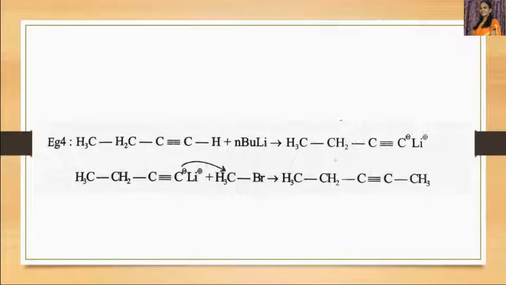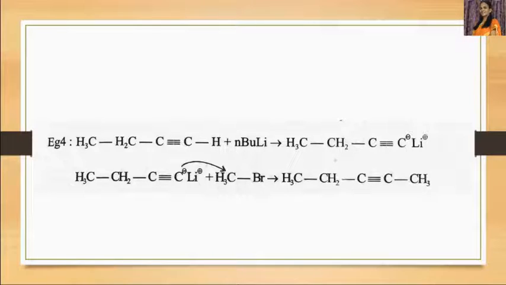You see 1, 2, 3, 4 and 5. A 5-carbon alkyne is produced. That is pentyne, and in this pentyne, in between carbons 2 and 3 a triple bond is present, therefore 2-pentyne is obtained in this reaction. Started with butyne and produced by the reaction with n-butyl lithium followed by RX, that is CH3Br.